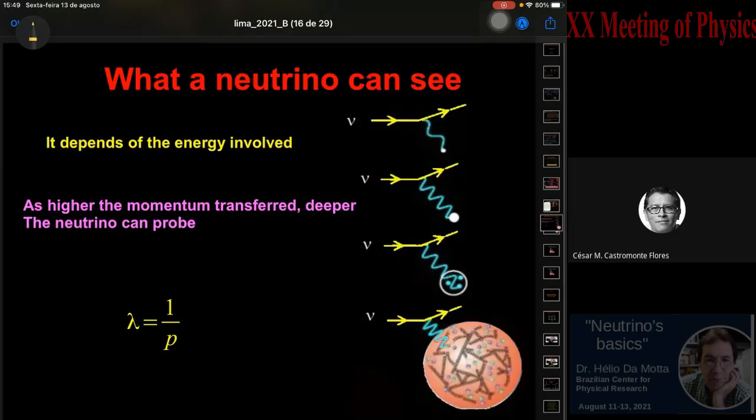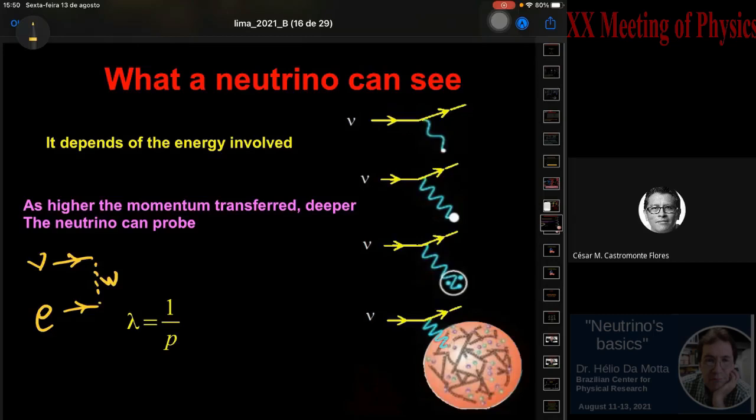But if they happen to exchange a W, then you may have a situation where you have a neutrino and you have an electron, and they exchange a W. So what may happen?